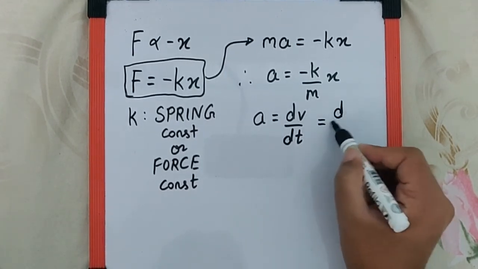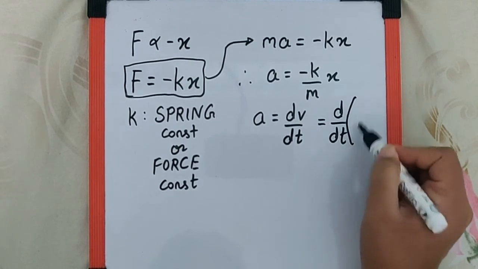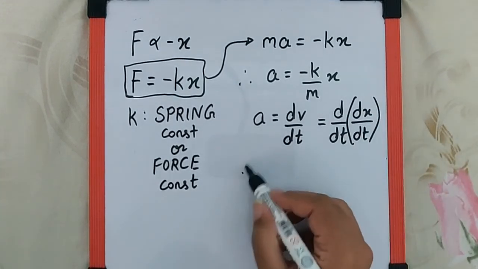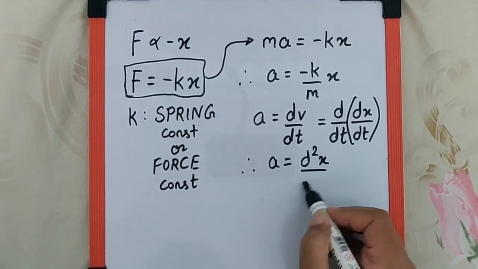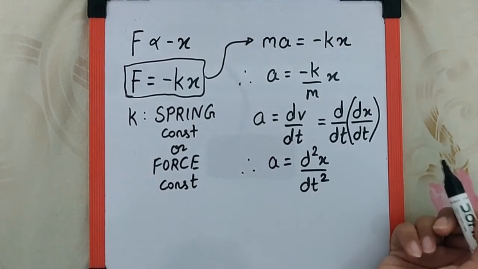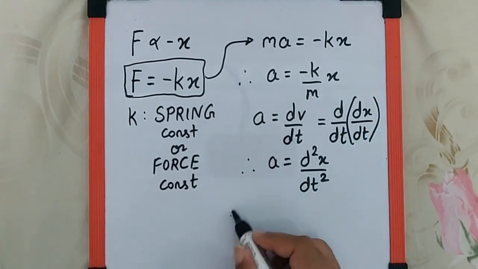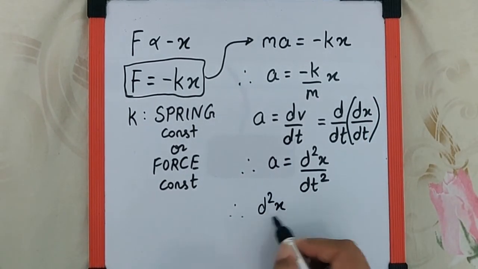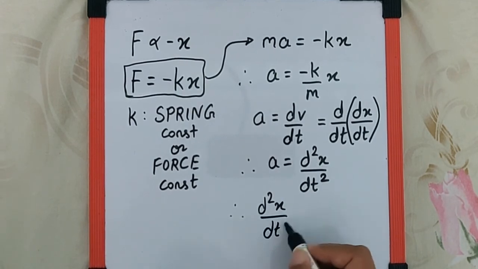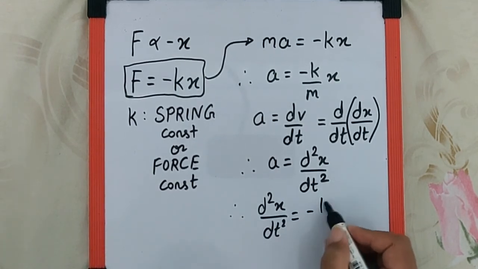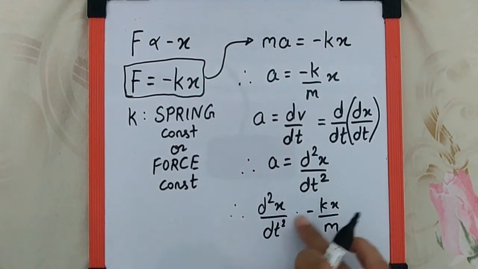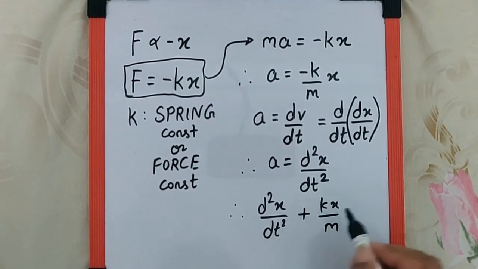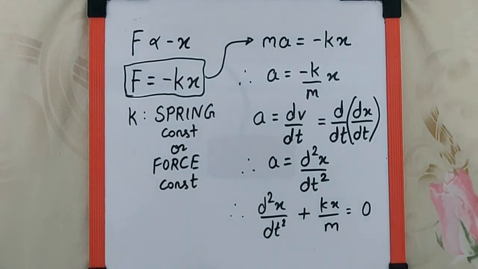So this becomes d by dt of dx by dt, which means acceleration can be written as d2x by dt square. So now if I equate them, I get d2x by dt square is equal to minus kx by m. If I take it on the other side, I get d2x by dt square plus k by m x equal to 0.